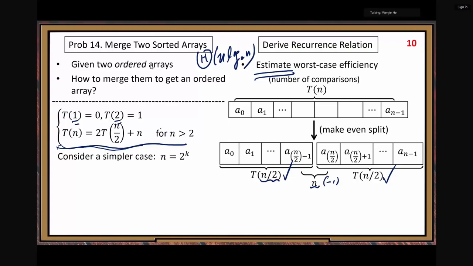So let us plug in n as a power of 2 and see what the estimation result is. We get a new form of the equation. The division is all gone, right? But the question: how do we solve this new recurrence relation?